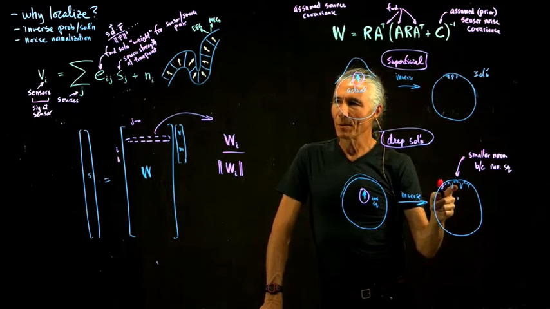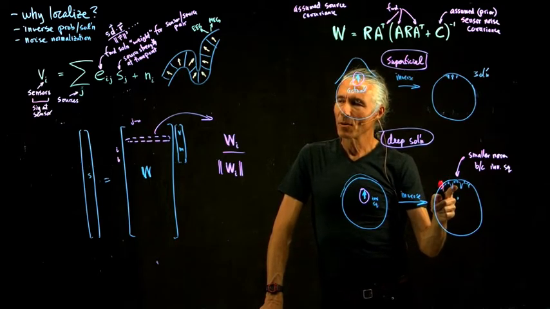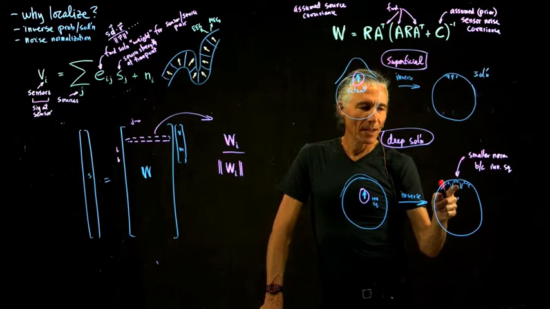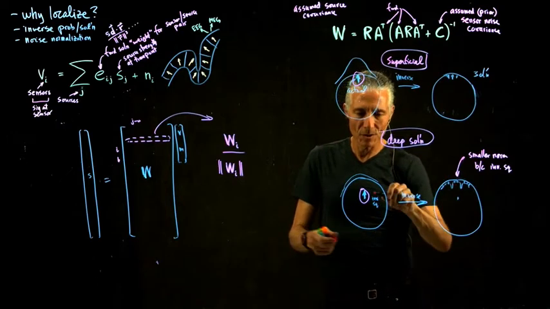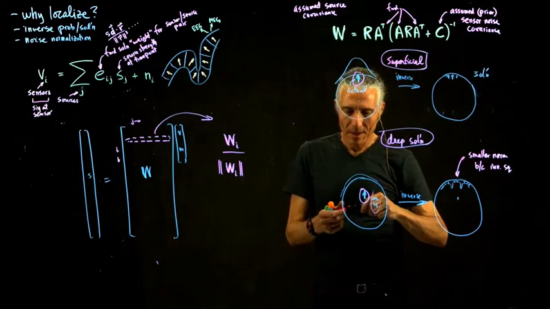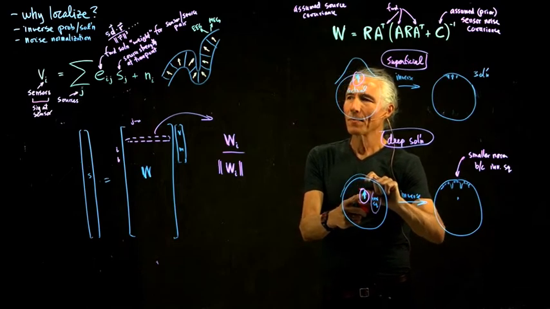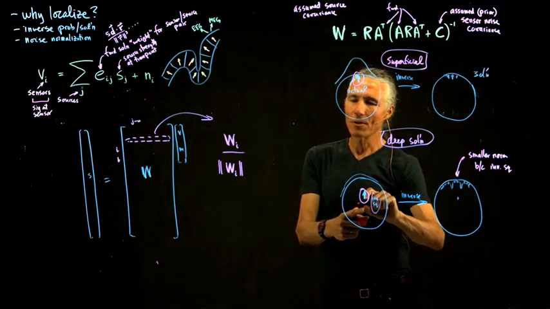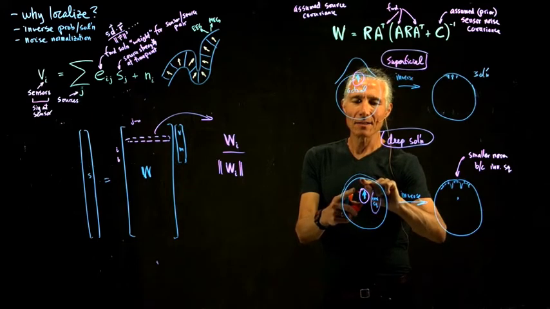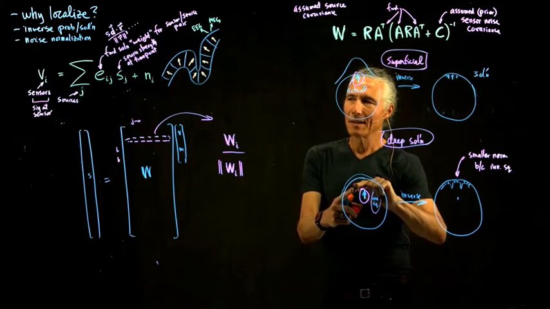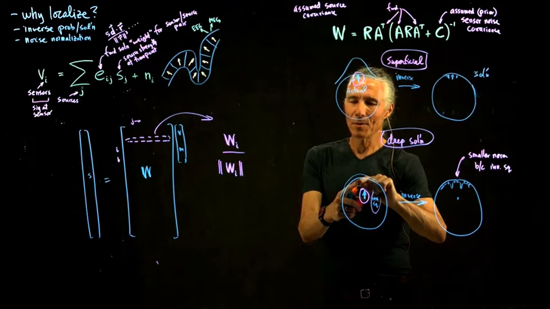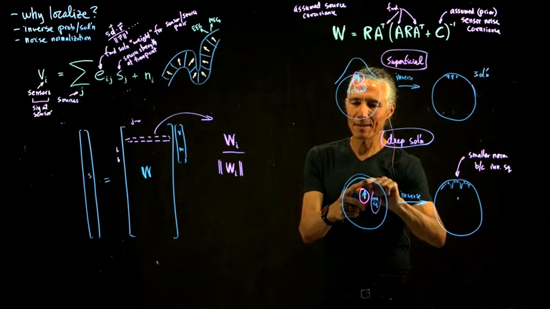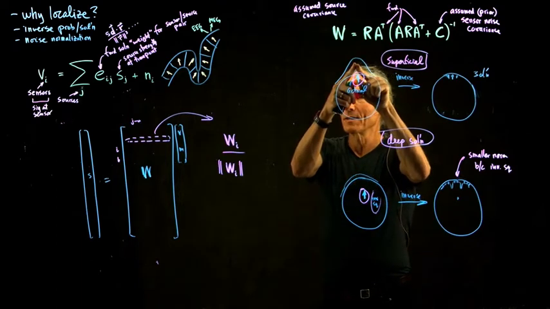Because the norm is smaller. Why is the norm smaller for that superficial solution? Because of the inverse square. As you make dipoles go deeper, they fall off really quickly, and so you can always get away with a smaller solution by using dipoles up near the surface that don't fall off, because they'll be very visible in the signal.